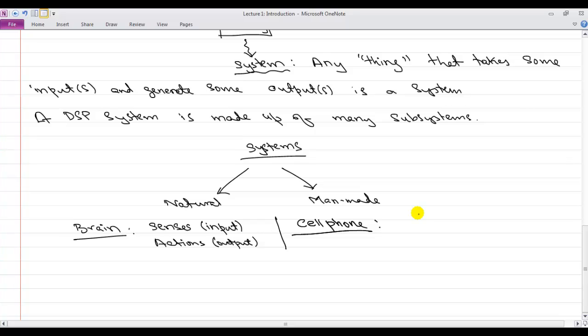So the radio transmissions are the output of that cell phone. So my voice in a cell phone is input, and the radio signal is the output. And if you are doing Skype, then actually you now have 2 inputs: your voice and your image.